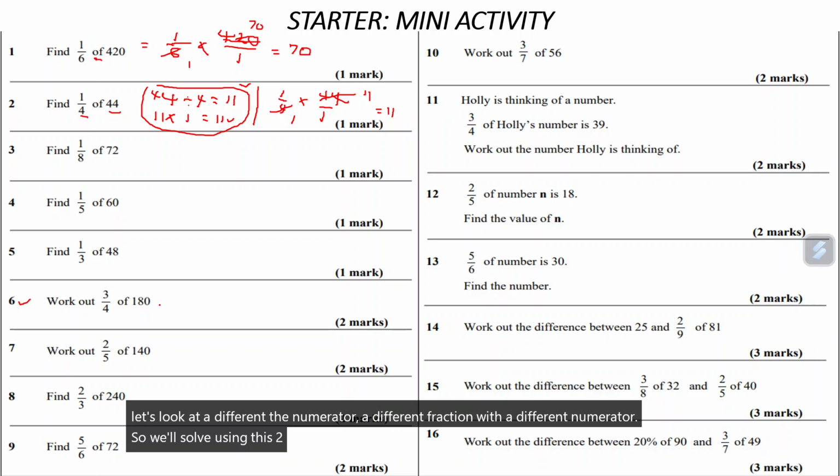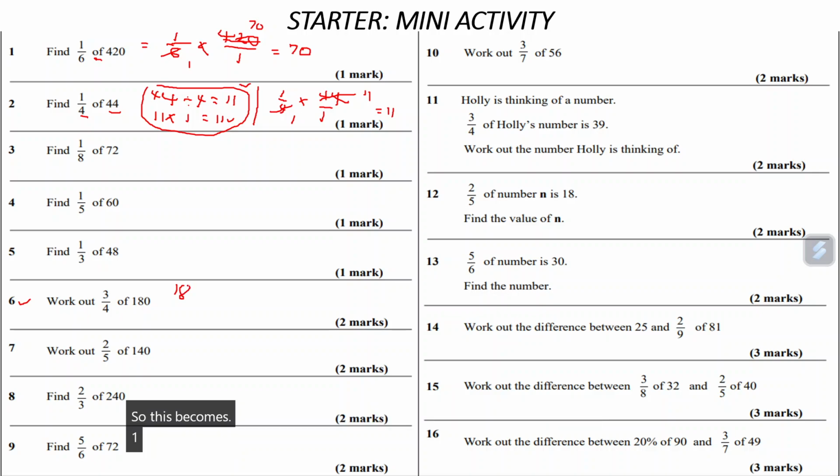Let's use this first way first. So this becomes 180 divided by 4. 180 divided by 4 is 45.